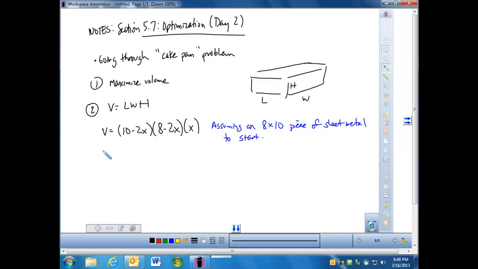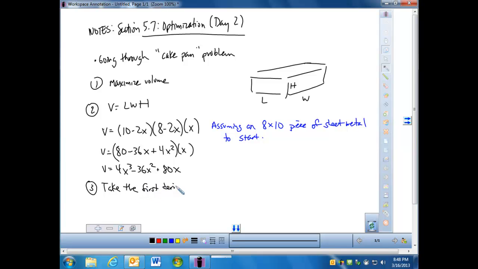What I want to do right now is try to simplify this. Ultimately, I'm going to take the first derivative of this, and we'll talk about that in a second. I'm foiling out the first two expressions times each other, and then I multiply that by x, and then I distribute the x through, and I get this simplified function. Now, next part, I'm taking the first derivative of V of x, the volume in terms of x.